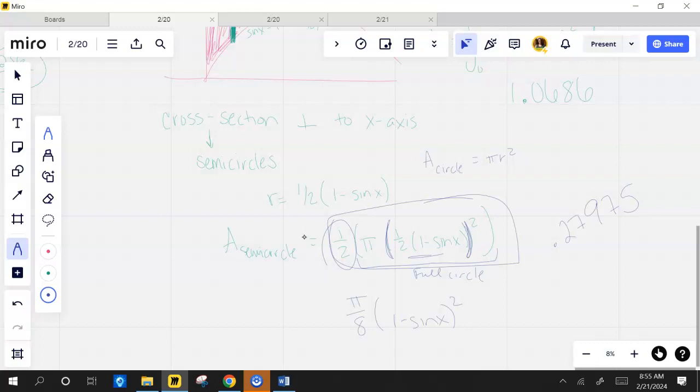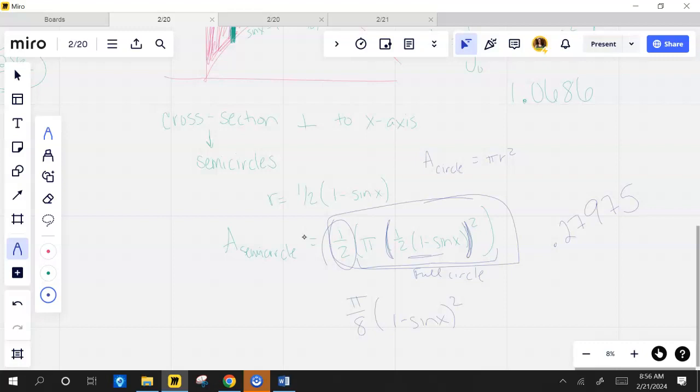All right, so I'll do it for time. What do you get if you put pi over 8, 1 minus sine x squared? Is that what you got when you did that?